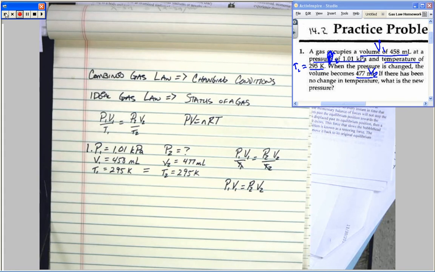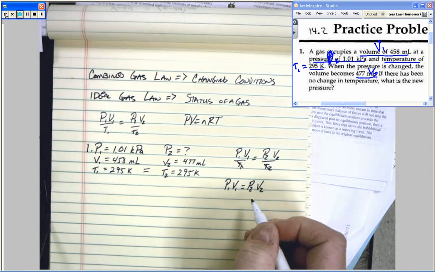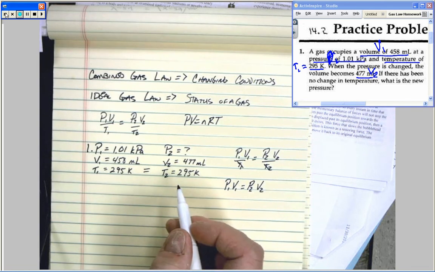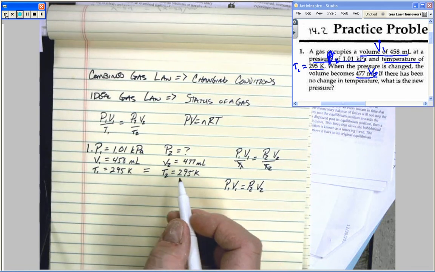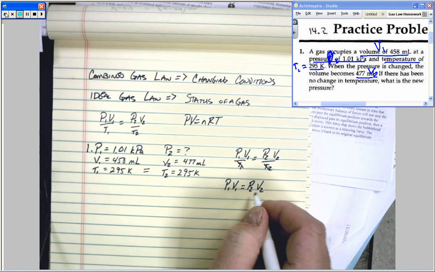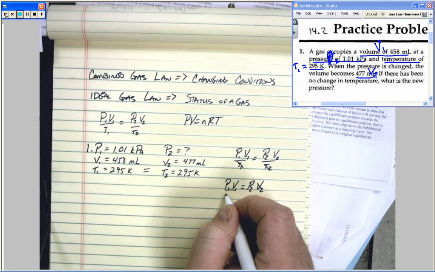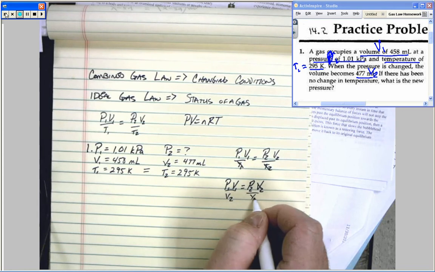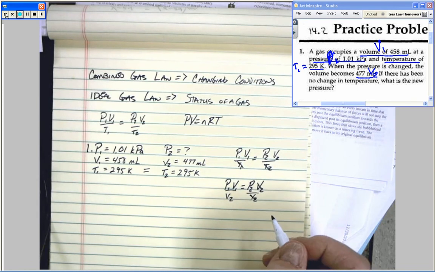Boyle's Law, there you go. Because they're equal to each other. So there's no change there, they have no effect on the situation. Okay? So we're solving for P2, so we're going to divide by V2 to get P2 by itself.